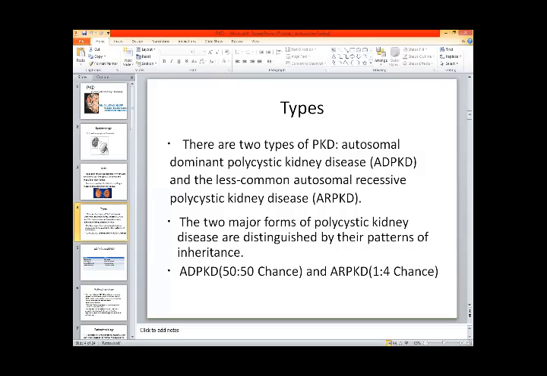As in genetics, you know there are two types of disorders: one is autosomal dominant and the other is autosomal recessive. In the same way, there are two types of polycystic kidney disease: autosomal dominant and autosomal recessive.